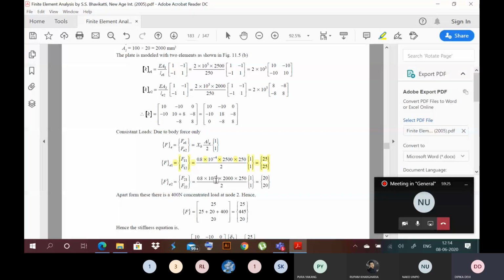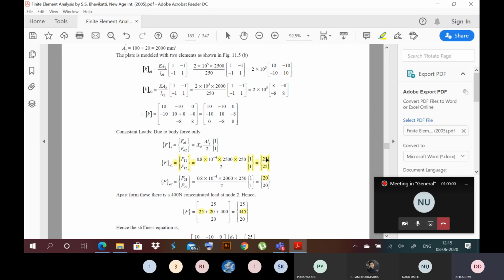At node 2, we have the contribution of element 1 at node 2, 25, plus the contribution of element 2 at node 2, 20. Then, also at node 2, we have a point load of 400. Simply add them. So this will be the total load at node 2: contribution of body force plus point load at node 2.